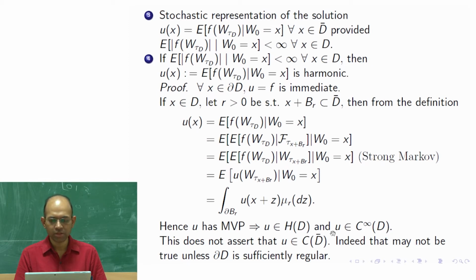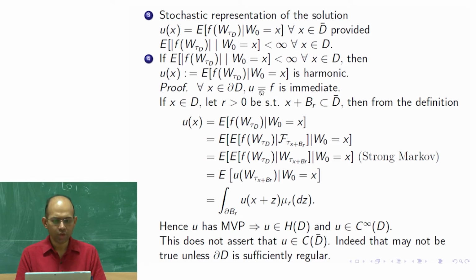This is an additional remark, beyond the promise we made in the statement. It is an important remark. Say we have established that u is C^∞ in D, correct? But this does not necessarily say that u is continuously extendable to D closure.